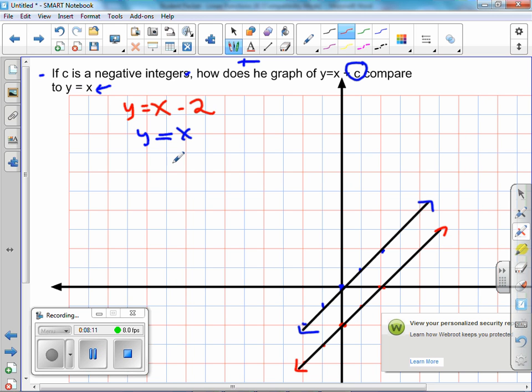The y equals x line is at the origin. Just explain it in your own words: what happens when you add or subtract from y equals x? Remember, y equals x has no y-intercept, because the minus 2 or whatever is added to it is called the y-intercept. Where there's no y-intercept, the graph starts at the origin.